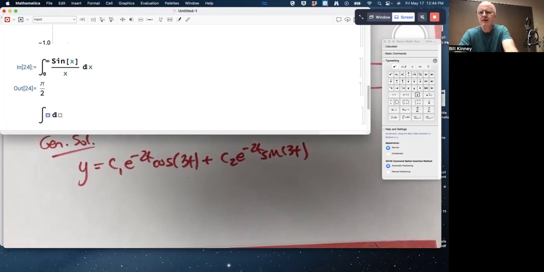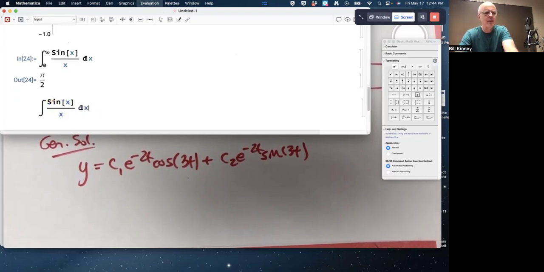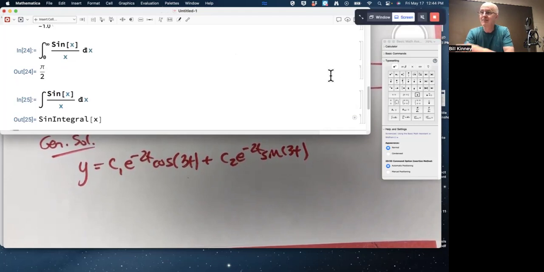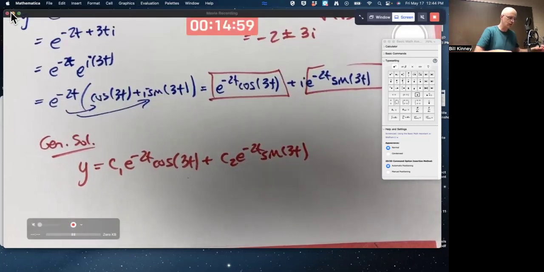Is there an elementary antiderivative of this? I don't think so. Sine integral is all you get for the answer there. What is that? It's just a new function you've never heard of before. But evidently it approaches pi over 2 as x goes to infinity. And this value here is something you can derive with complex analysis. Okay, so it's pretty cool. They are a cool tool.